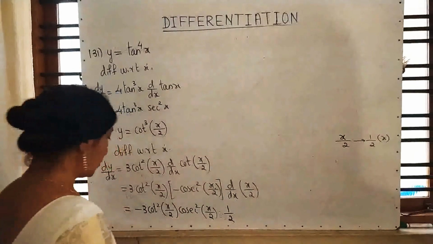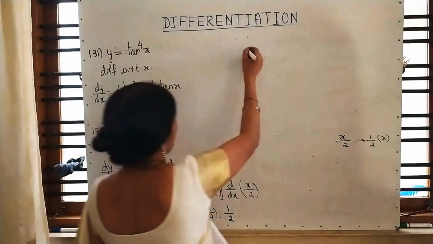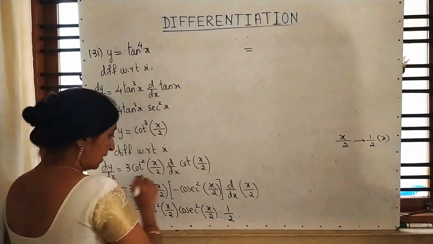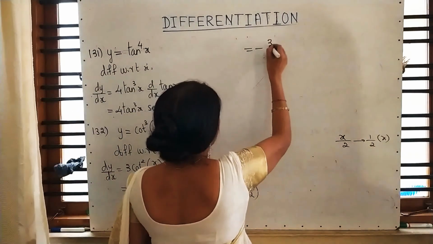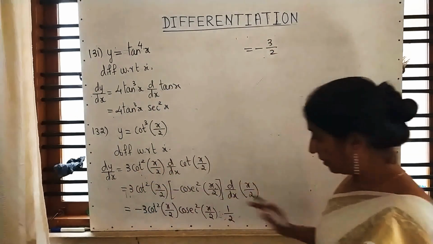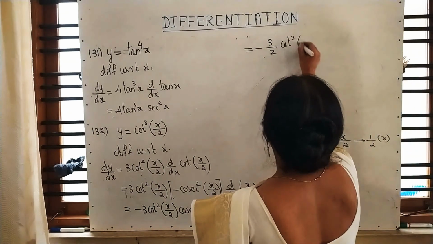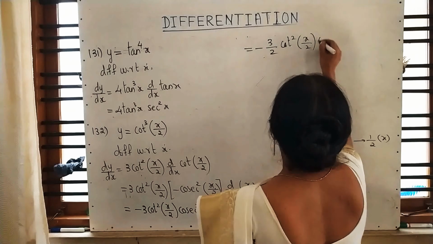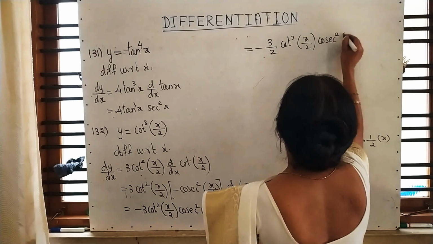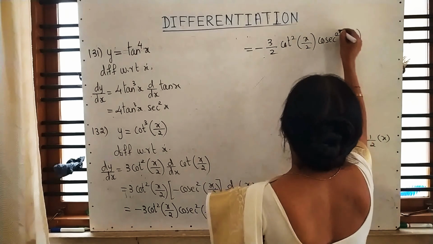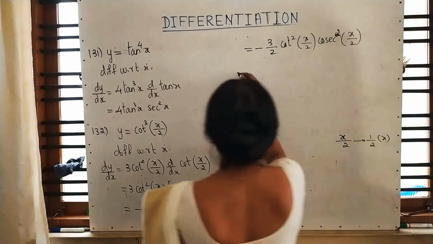So 1 by 2. Just combine this and write the final answer: minus 3 by 2 cot square x by 2 cosecant square x by 2.